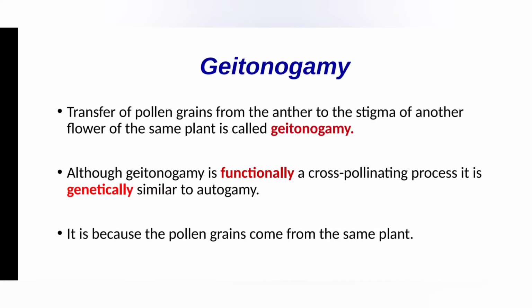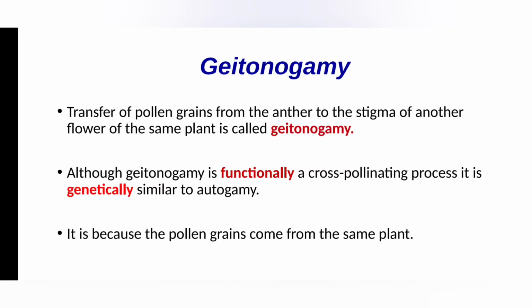Functionally it is cross-pollinating only because the pollen grains don't come from the same flower. But genetically it is similar to autogamy. Why is it said so? Because though it comes from a different flower, the flower belongs to the same plant. So what about its genetic makeup?